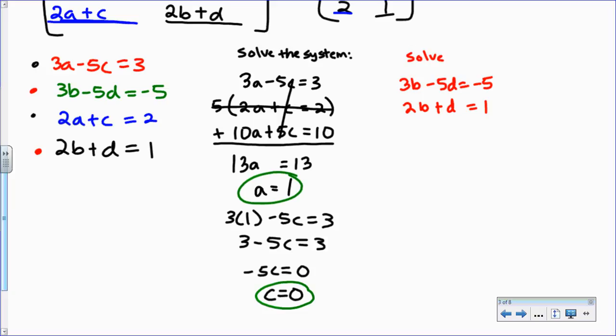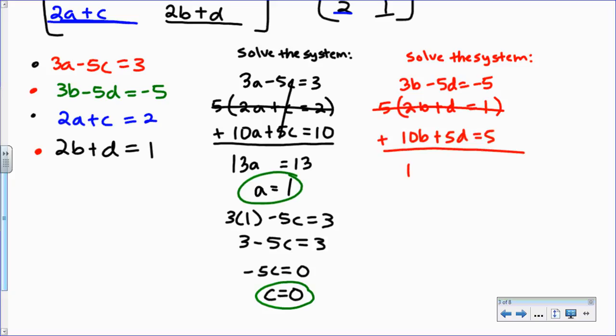So I'm solving this system again. I can do the same thing as I did on the first system, multiply the second equation by positive 5. So that's 10B plus 5D equals 5. So 13B equals 0. So B is 0.